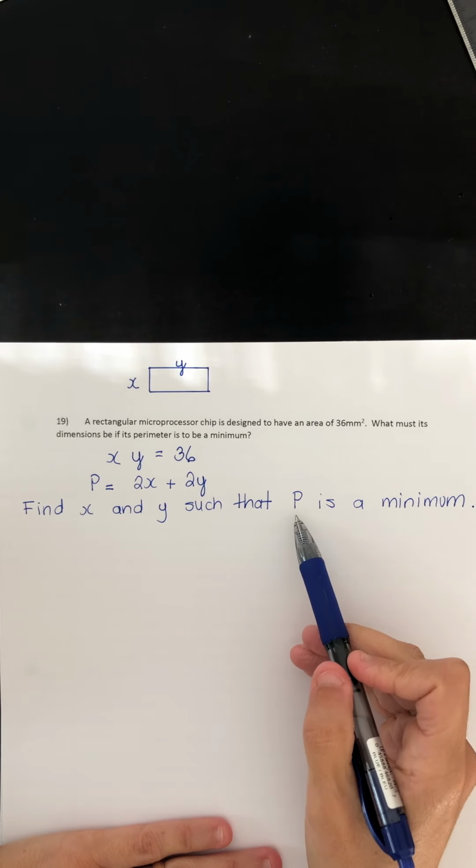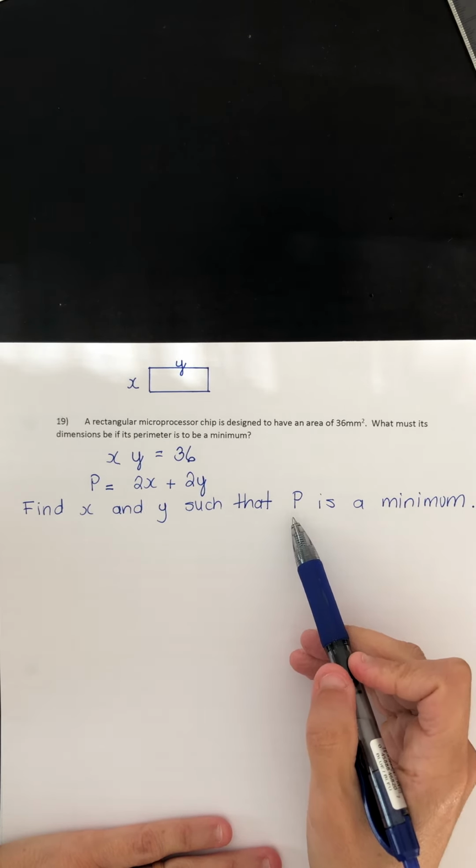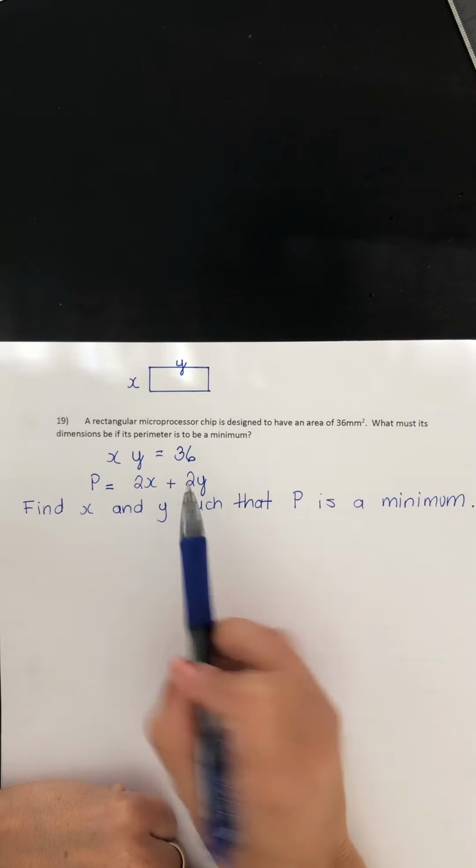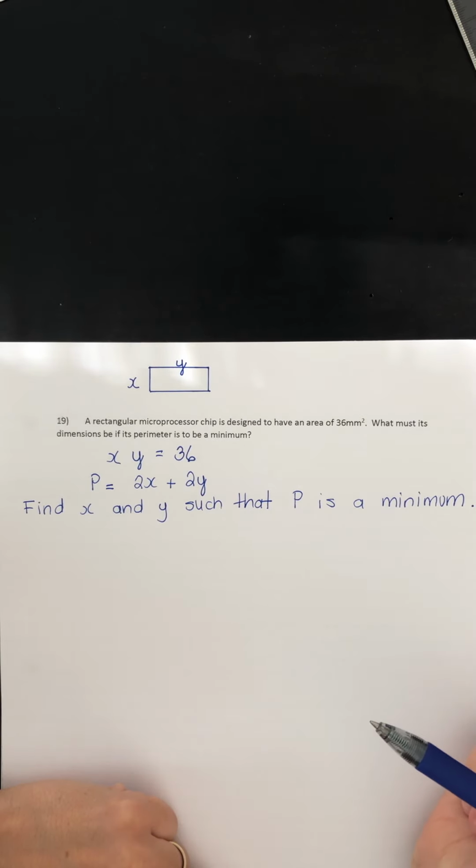This means taking the derivative of P, setting it equal to 0, and solving. But one issue we have here is that currently this equation has two different variables in it. X isn't constant, Y isn't constant. We have two variables in it, so we can't take the derivative yet.